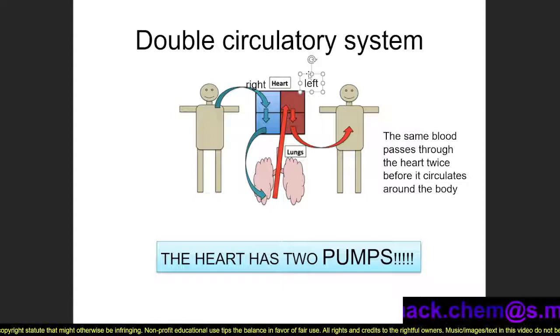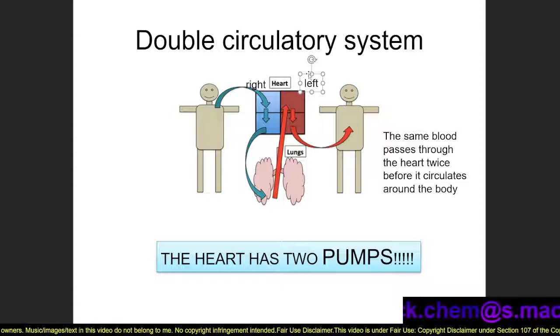Why would we say the heart has two pumps? Now, two pumps are needed in order to pump that blood through the heart twice. So, when the blood enters the heart on the right, we need to squeeze to get the blood out of the heart to the lungs. So that's one pump working. Once again, when blood enters the right side of the heart, in order to get that blood to the lungs, the pump needs to squeeze once.